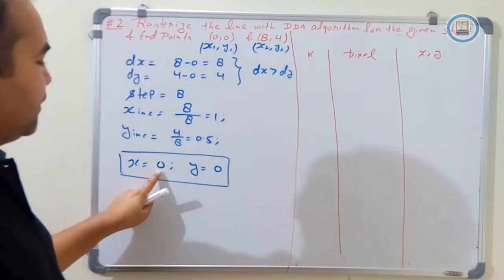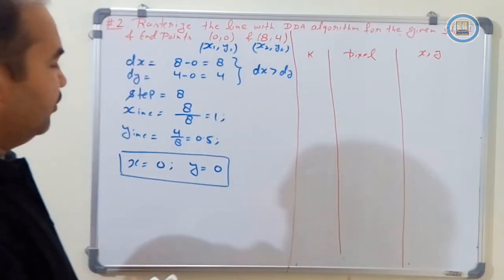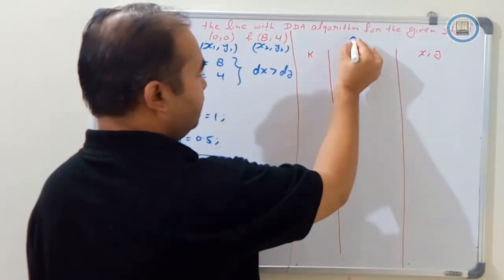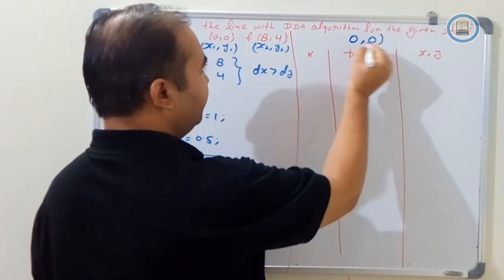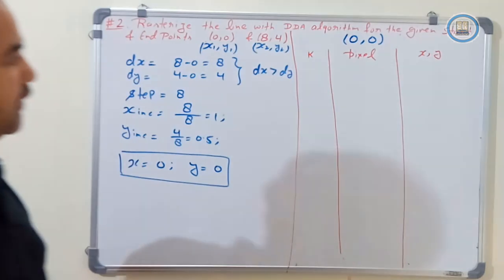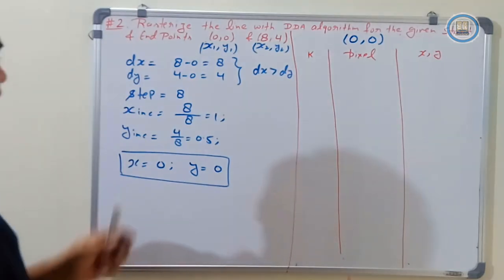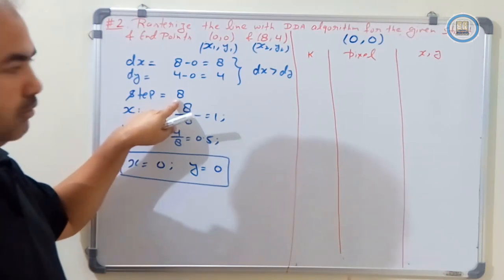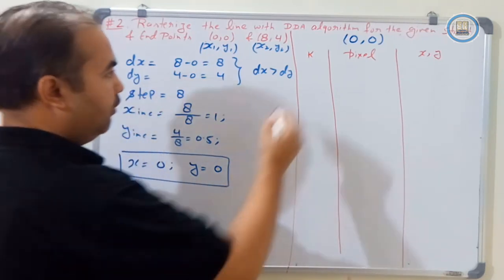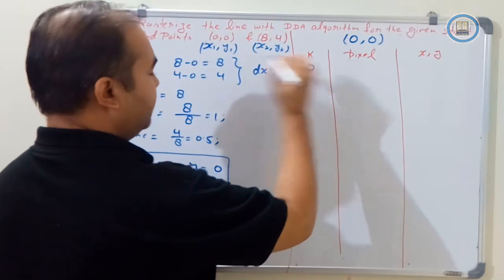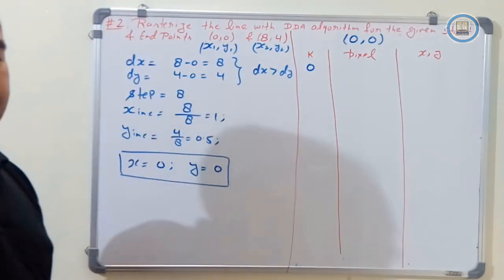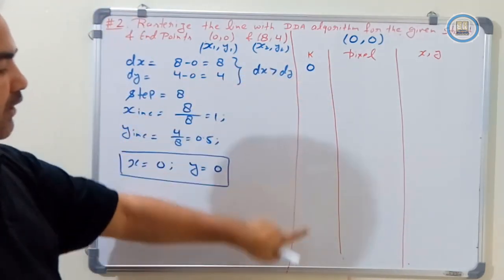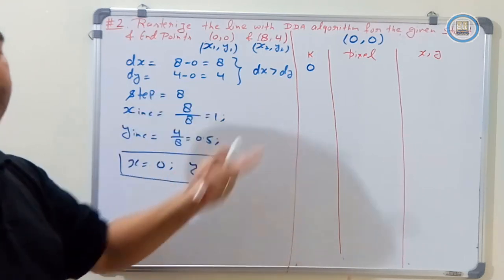The first point is 0, 0. So the first pixel given to us is 0, 0, which we have already calculated or set. The k will start from 0 and reach up to 7, because according to the algorithm, k is strictly less than the number of steps. It will not go beyond 7.